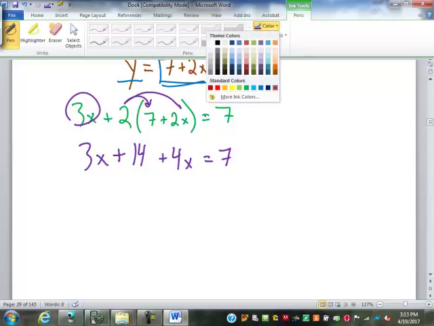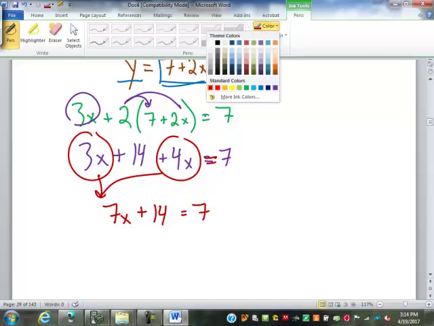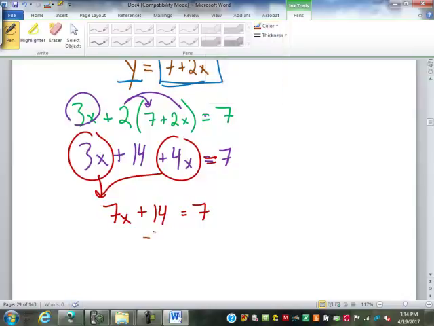Now what do I have to do? Perfect. I got 3x and 4x, both on the same side of the equal sign. So I combine them to get 7x. Then what? Subtract 14.